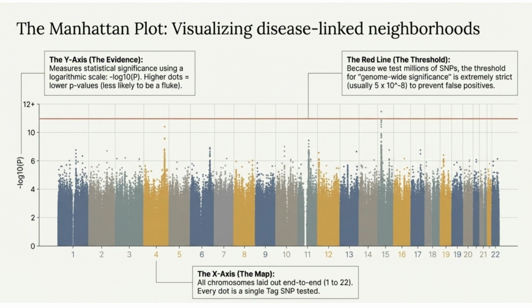Each dot is one of the tag SNPs we tested. And the y-axis, that's the strength of the evidence. The higher the dot, the more strongly the genetic neighborhood is associated with the disease. Anything that pokes its head above that red line is considered a statistically significant hit.